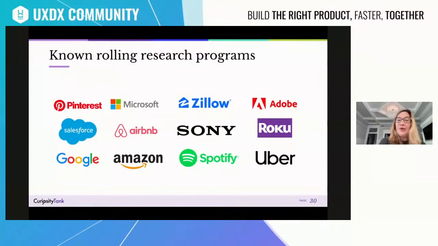I know that all of these companies have really robust rolling research programs. It's something very popular. The impact is enormous. The progress and the iterative nature, you really can't get any better, right? You really can't get any better than building a rolling research program to align the team and to get everybody on the same page and commit to deadlines and improving and iterating in the same cadence.